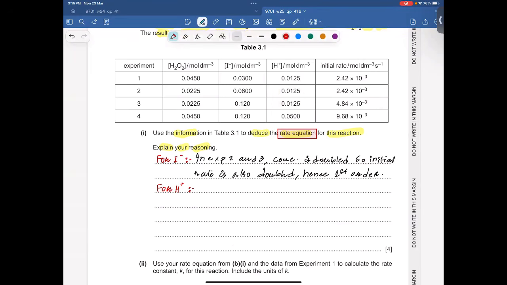So for experiments 2 and 3, concentration remains same, but initial rate changes.